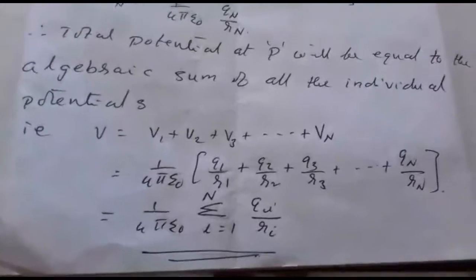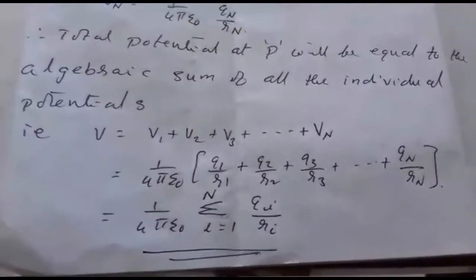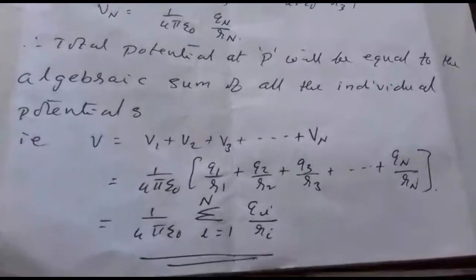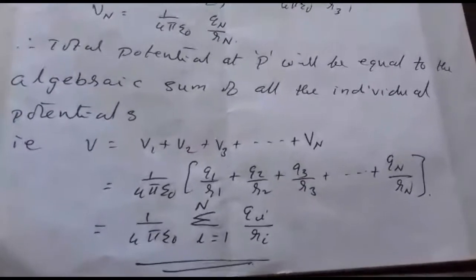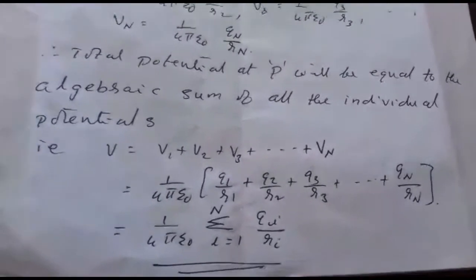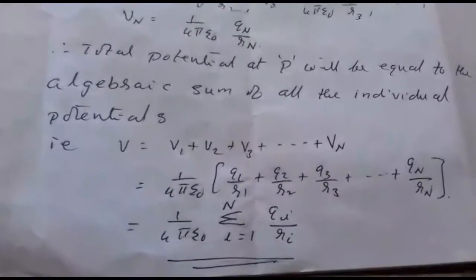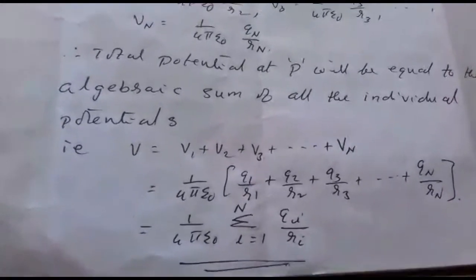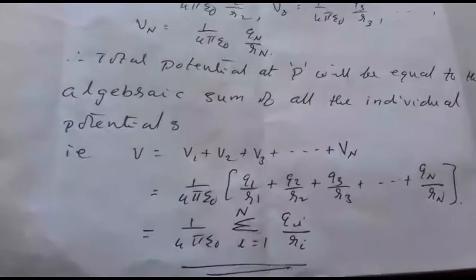Therefore, 1 by 4 pi epsilon 0 into q1 by r1 plus q2 by r2 plus q3 by r3 plus etc. plus qn by rn equal to 1 by 4 pi epsilon 0 into sigma i is equal to 1 to n qi by ri.